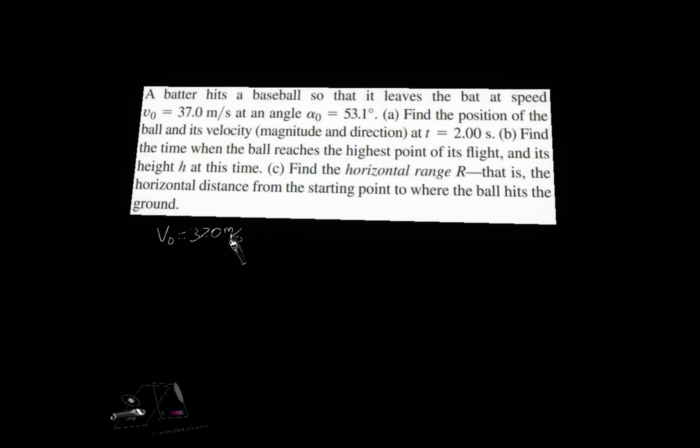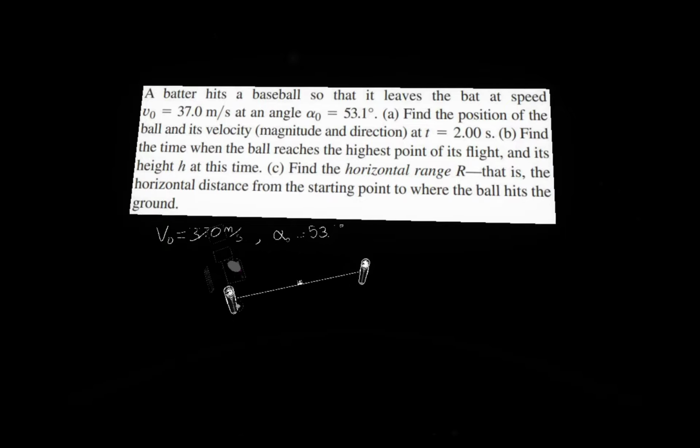At an angle, and if it wasn't nice to us, we would still be able to know that this is the initial angle, right? Because it's the angle that it leaves the bat at. So at time equals 0, the angle is 53.1 degrees.